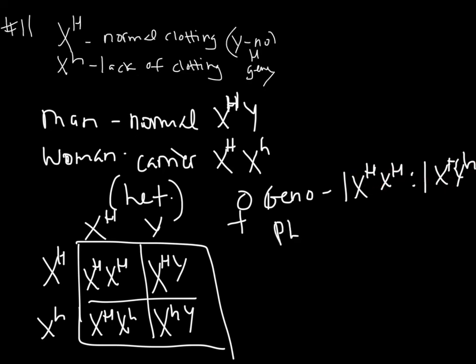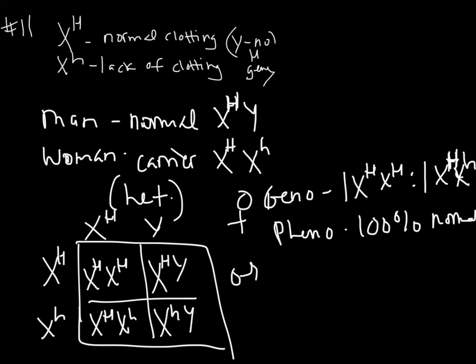Now phenotypically though, 100% of the females will be normal clotting. So even though a carrier has the allele, you'll never see it. It's the whole point of being a carrier is that you don't show the allele. And so all the girls are normal clotting.